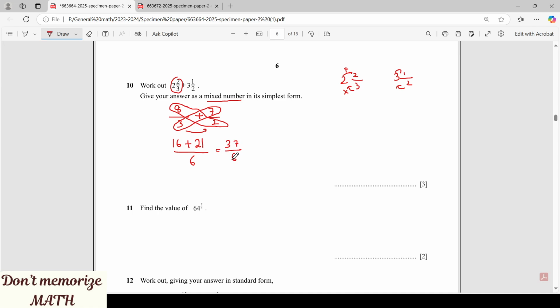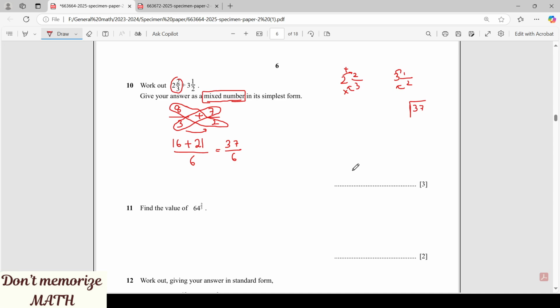Always change an improper fraction to a mixed number, and here they have mentioned to write your answer as a mixed number. You can use the normal division method. Otherwise you can directly write 6 times 6 is 36.